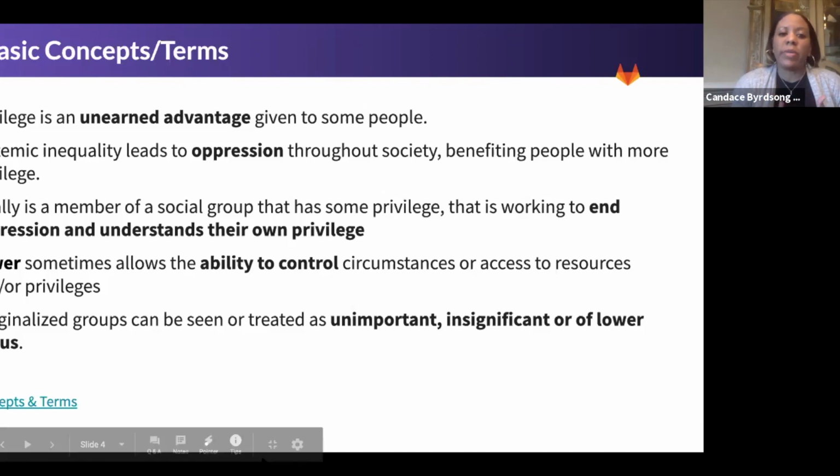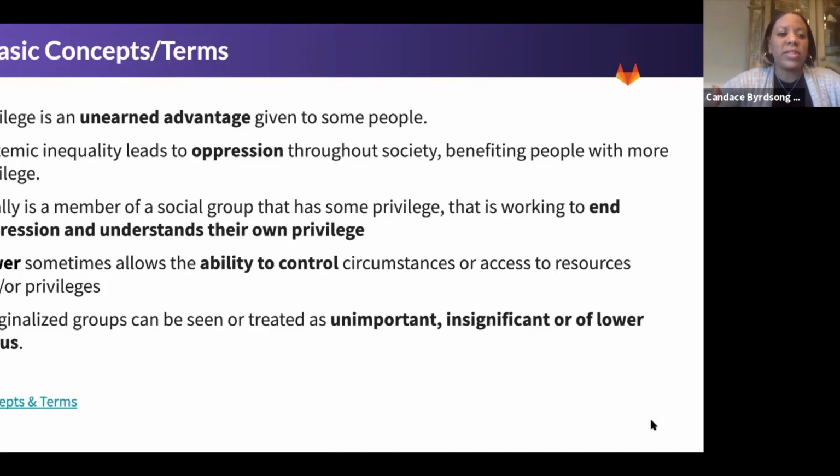An ally is a member of a social group that has some privilege that is working to end oppression and understands their own privilege. So this is that piece where you don't have to be a manager. Everyone has an opportunity to learn and understand how they can be an ally, how they can support groups that may be suffering from oppression, or they just understand their own things that they have the power to influence.